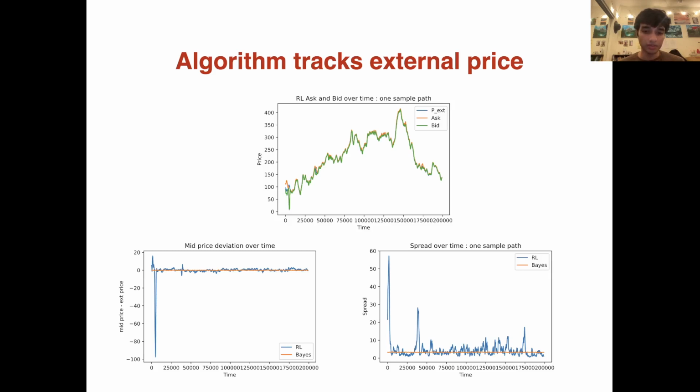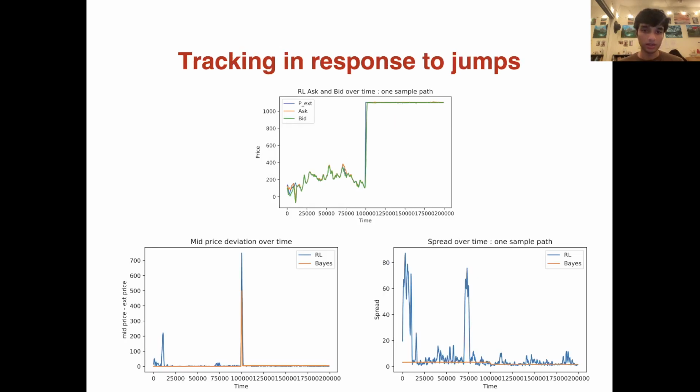The deviation from the mid price of the external price also decays to zero quite quickly, while the spread also on an average is the same value as you would expect from a Bayesian policy, which knows the parameters of the model, such as the price jump probability sigma and the informedness of the traders alpha. As seen here, the RL policy also manages to track the external price when there are large jumps.